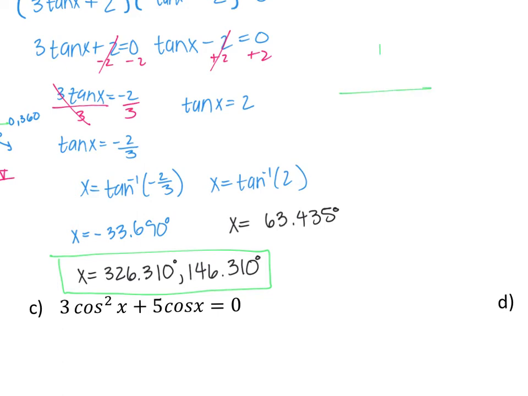So tangent can only be positive, all students take calculus, in the first quadrant and in the third quadrant. So we actually found the angle for the first quadrant because we got about 63 degrees. So the other angle that is in reference to the third quadrant is 63 degrees down.